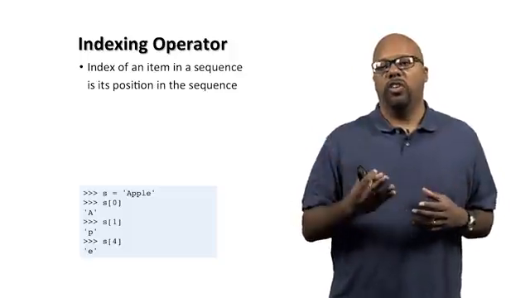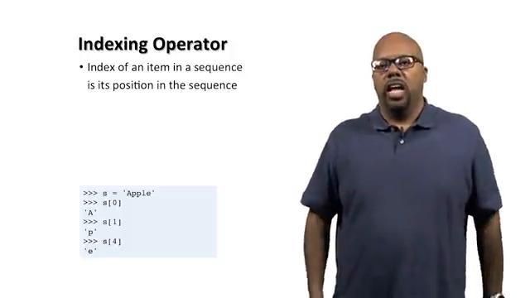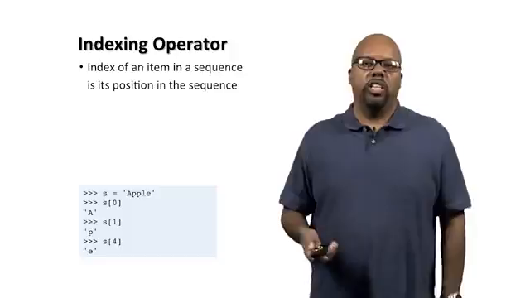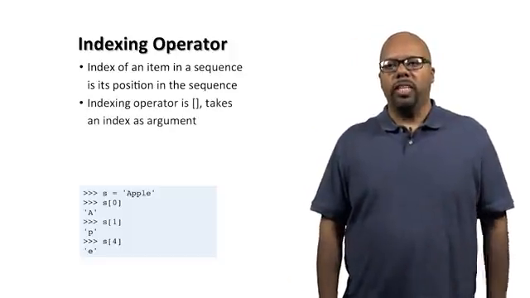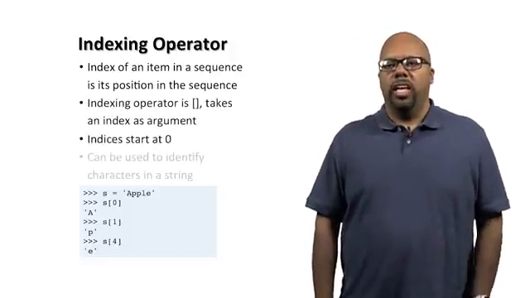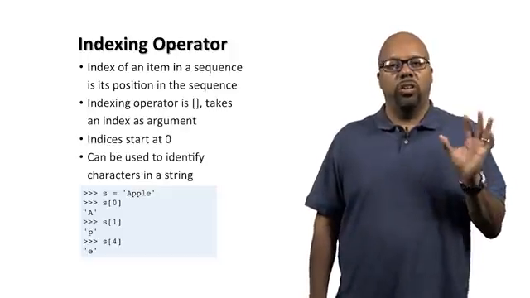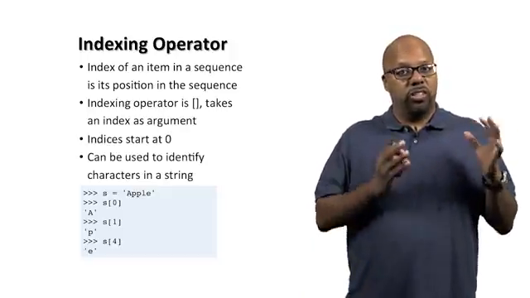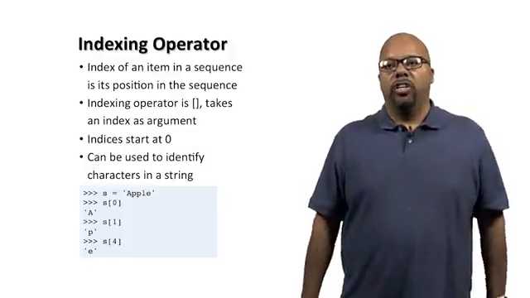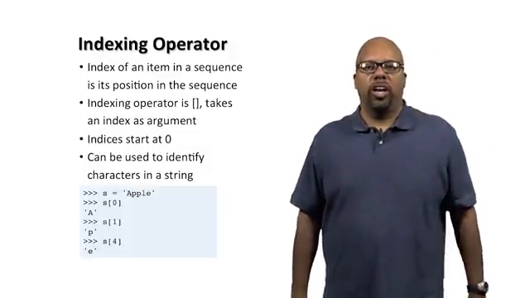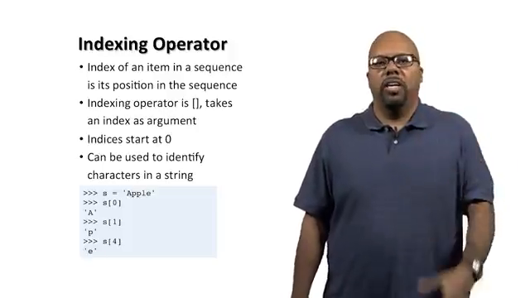So s bracket 0 gives me the first character, which is a capital A, right? s bracket 1 gives me the second character, which is lowercase p, and so on. It takes the index as the argument, and the index starts at 0. Remember that off-by-one error. Sometimes you think it starts at 1. Remember, in computer science, we're always starting at 0. And you can identify individual characters inside a string, or refer to them and use them in any way you want in your code.